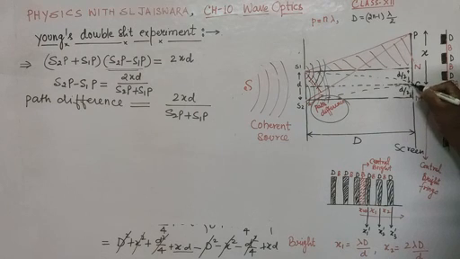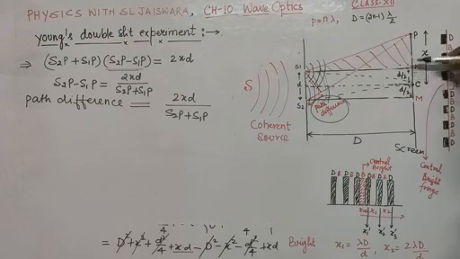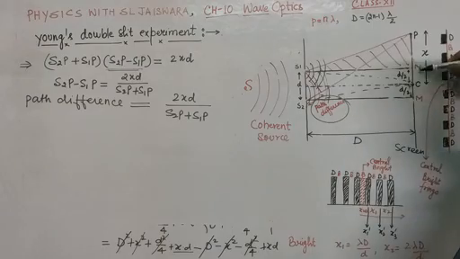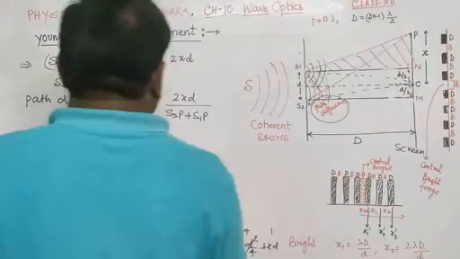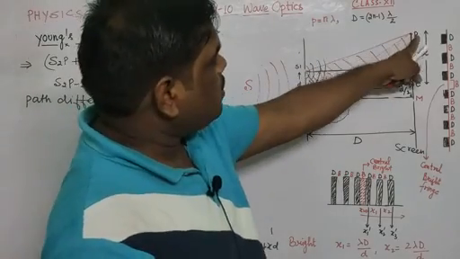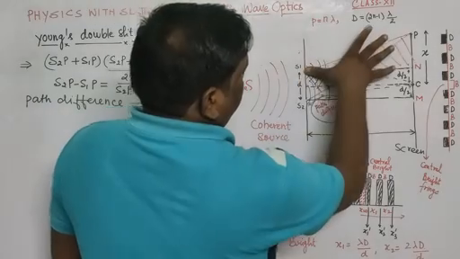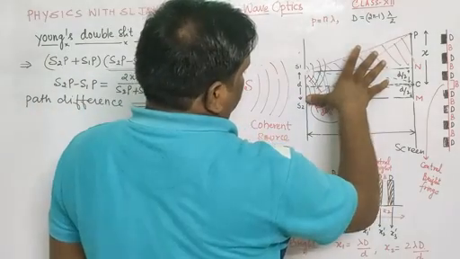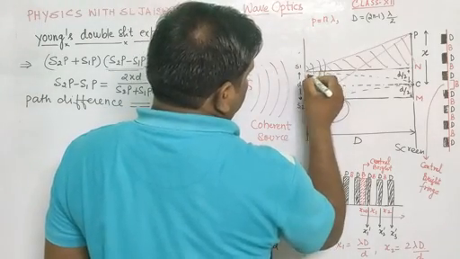For the sake of simplicity we have taken this point away from the center point, but in practice this point is very close to C. So if point P is very close to C, then children, S1P and S2P can both be considered as equal.